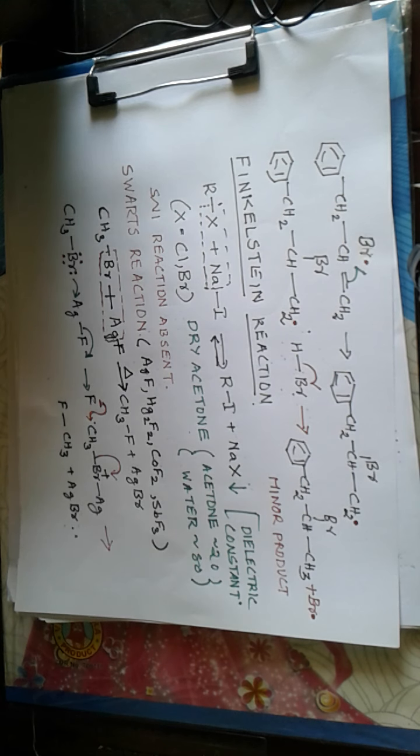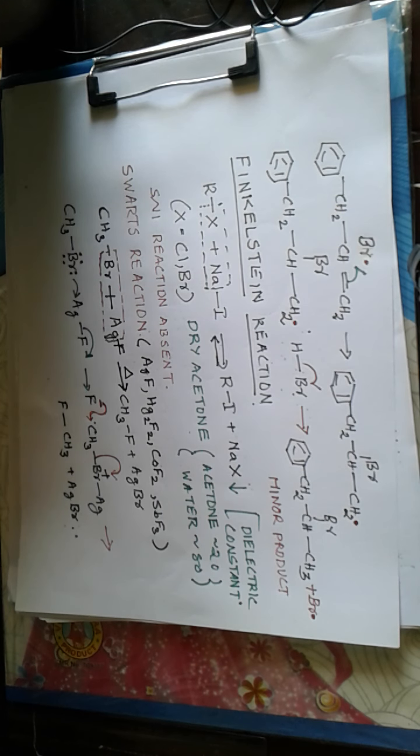Now one drawback of this reaction is that only primary alkyl halides react by the Finkelstein reaction. Tertiary alkyl halides will undergo hydrolysis, that is formation of ions, carbocation and halide ion in the medium. So ionization of the alkyl halide molecule is required for SN1 reaction, but since acetone is a less polar medium having low dielectric constant, it cannot favor the formation of ions.